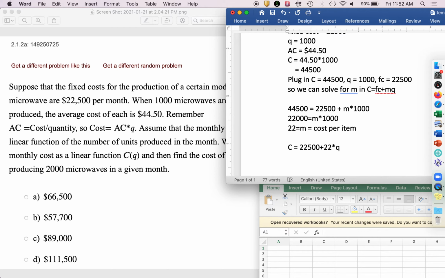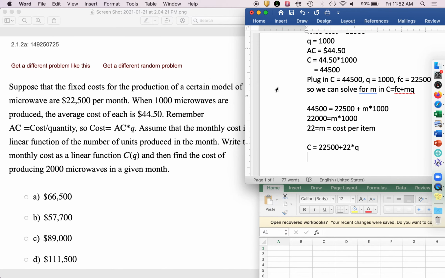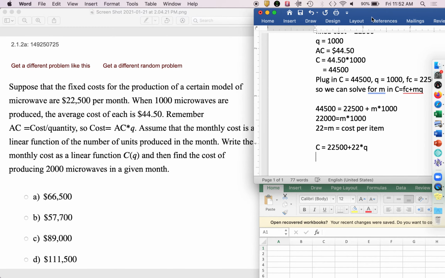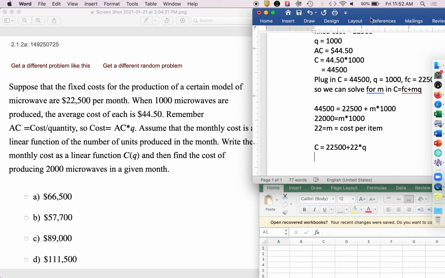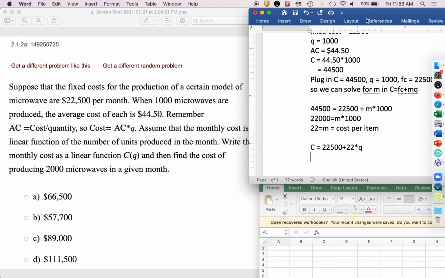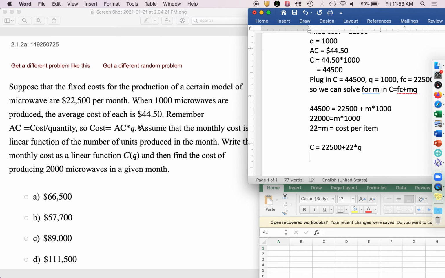Now I'm going to read that last sentence in the problem. It said, write the monthly cost as a linear function, which we did, and find the cost of producing 2,000 microwaves in a given month. If you'd just read over this very quickly, you might have thought, oh, I just double it. But no. The fixed cost is the same, but the quantity is different.